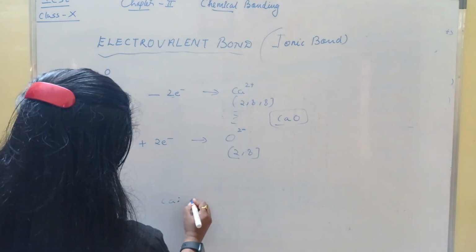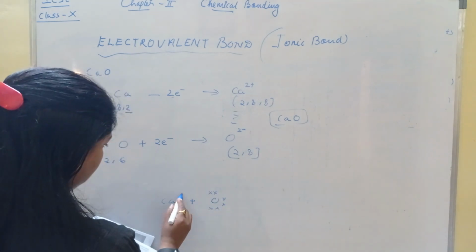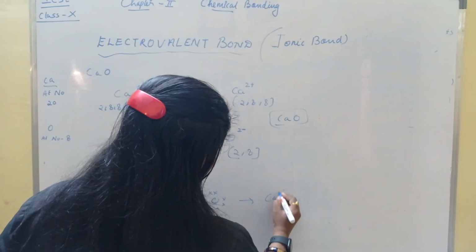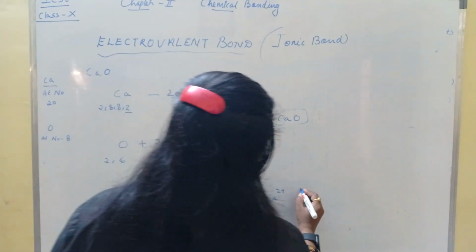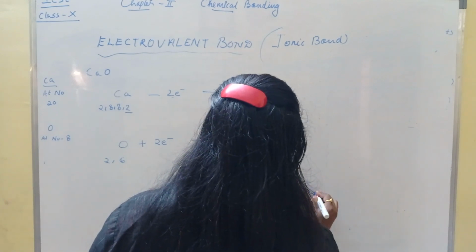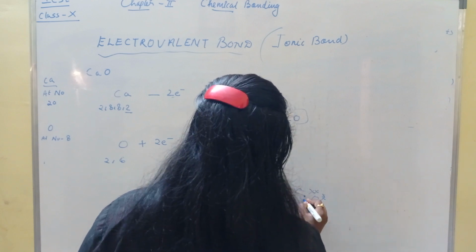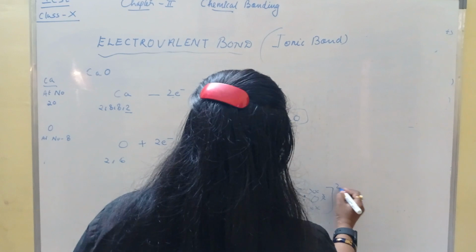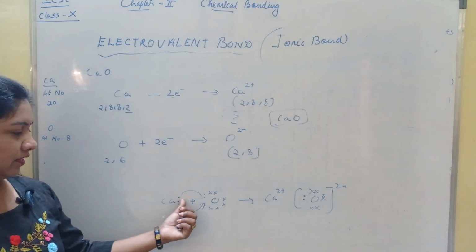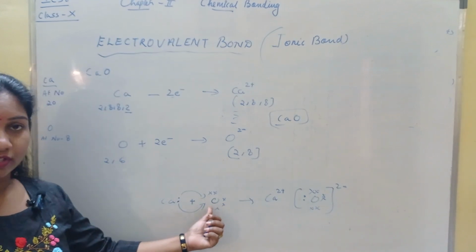Calcium 2 electron plus oxygen, 7, 8. See, it is having 2 electrons extra, and one electron is donated to oxygen.